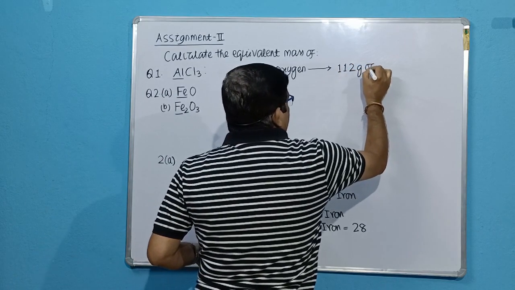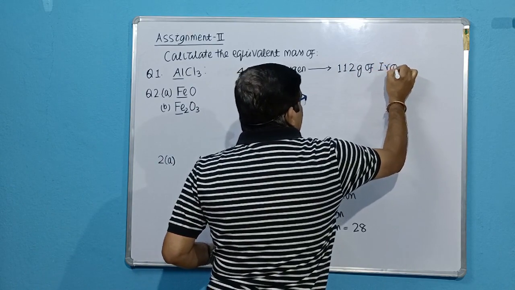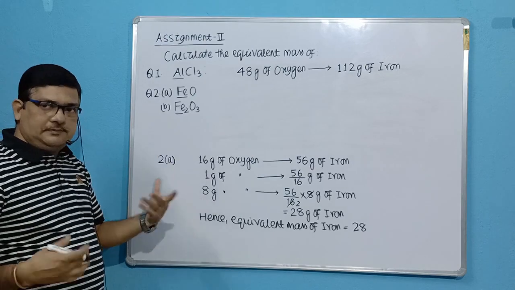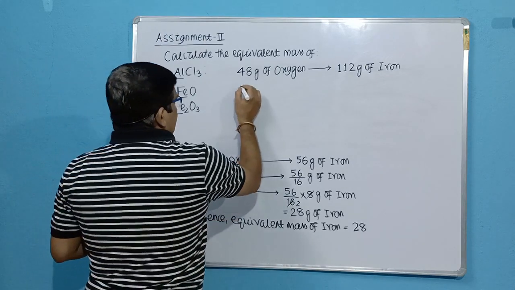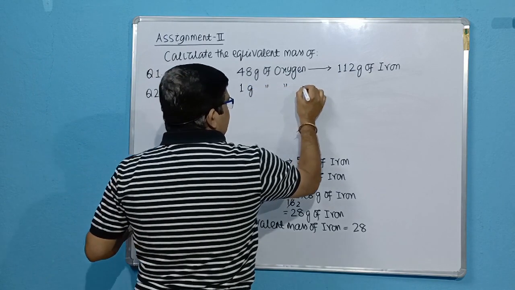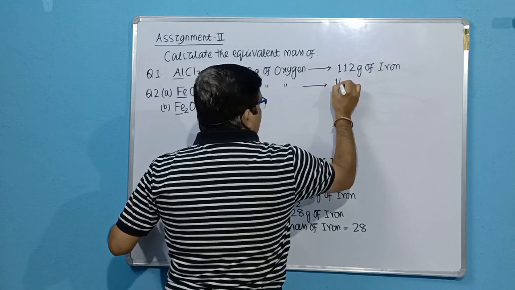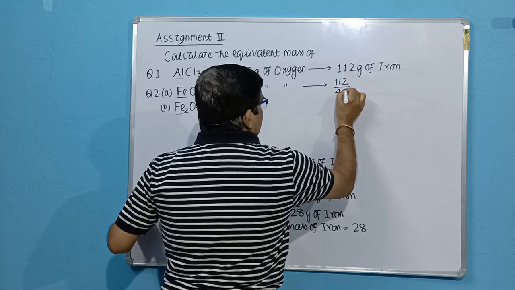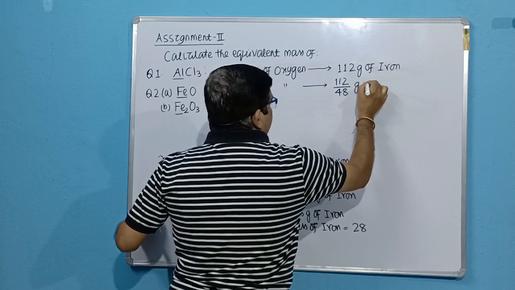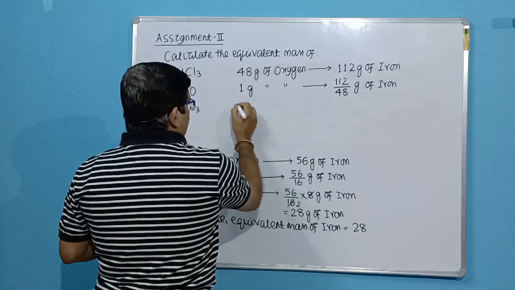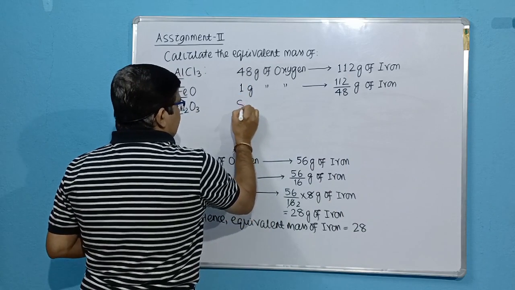gram of iron. So in the ratio in which they are present, you have to take the calculation. So 1 gram of oxygen will combine with 112 by 48 gram of iron. Okay. So oxygen requirement is 8 gram.